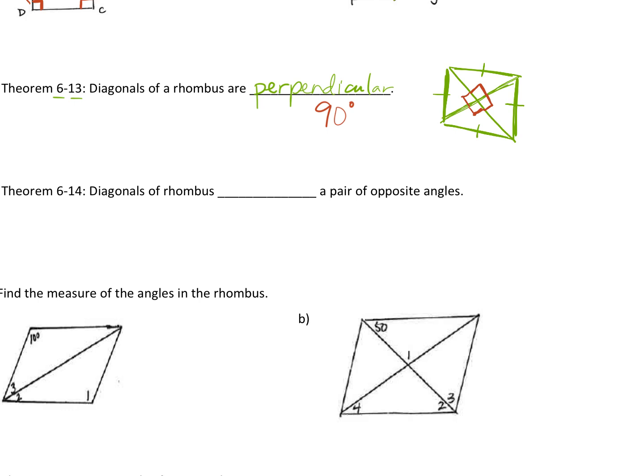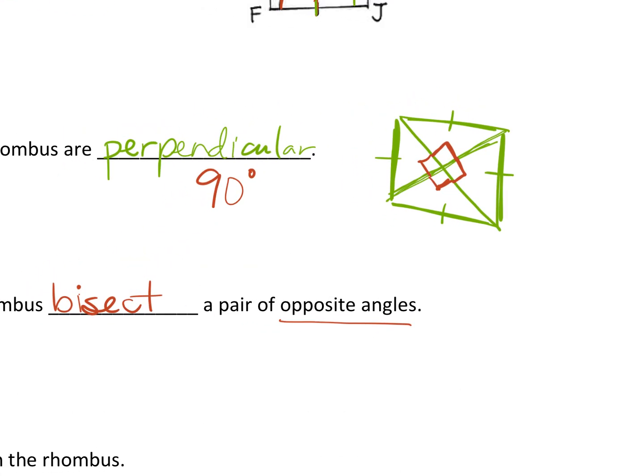Okay, the other thing that a rhombus does is that next theorem, and it says the diagonals of a rhombus bisect. What does it mean to bisect? Cut in equal parts, right? Cut it in half. It bisects a pair of opposite angles. So I'm going to use that same picture. Just use that picture that you already drew. Here's what it does.